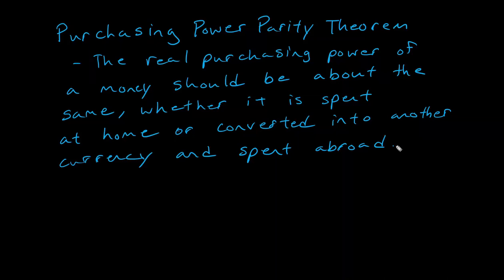I should be able to take that $10 up to Canada, get it transferred into loonies and toonies, or Canadian dollars, and buy those two Cokes and 4 bags of chips. That's what the purchasing power parity theorem is stating.